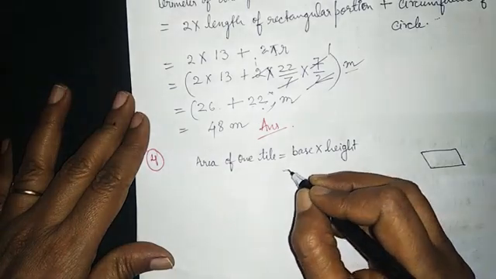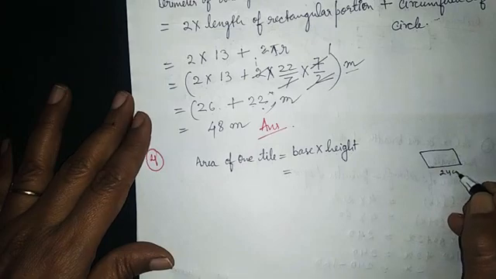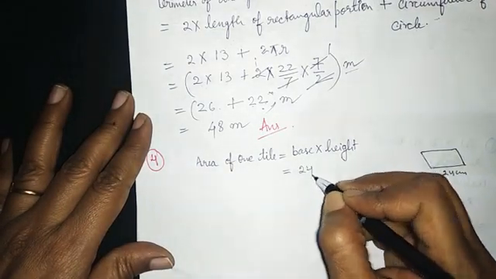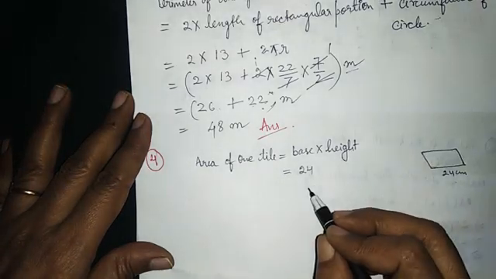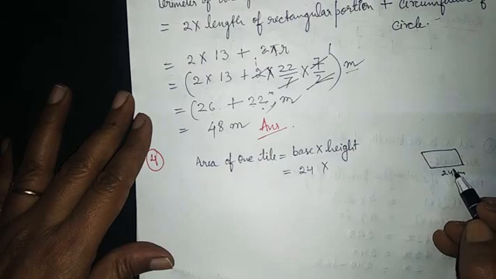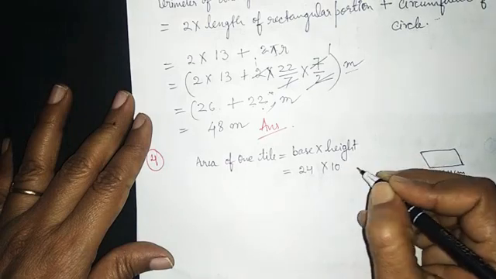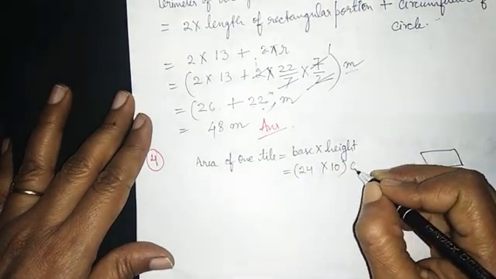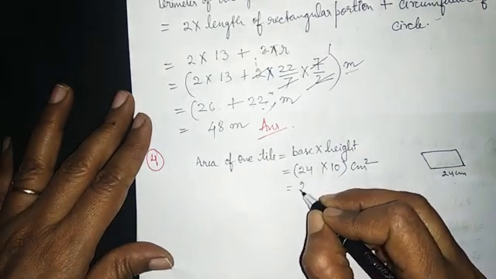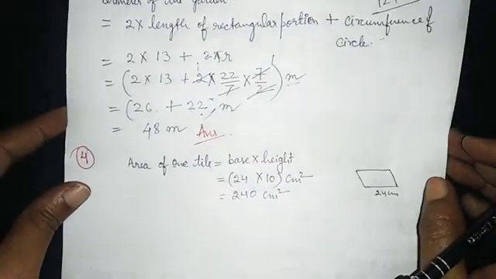And here base of one tile is 24 centimeter. So here we will write 24 centimeter, and what is height now? Students, height is also given in the question, 10 centimeter. So now here we will write centimeter square. Now here what is coming? 240 centimeter square.